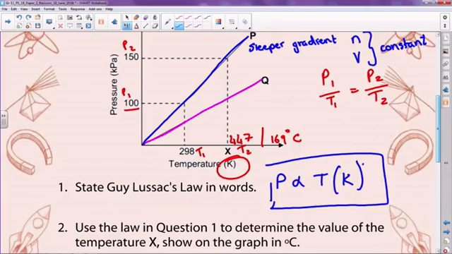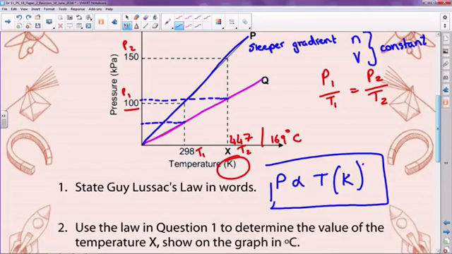So that's one possibility. What else do you think could be going on here? We've got a shallower gradient in Q. We see that at 298, it's not 100 kilopascals. It's definitely going to be less. At 447, Q would be approximately 100.